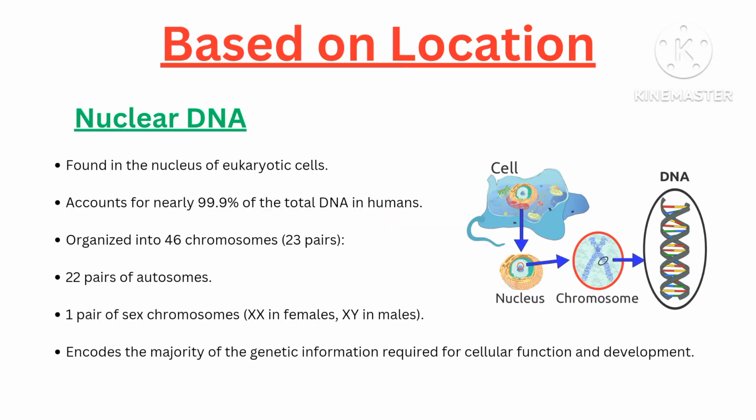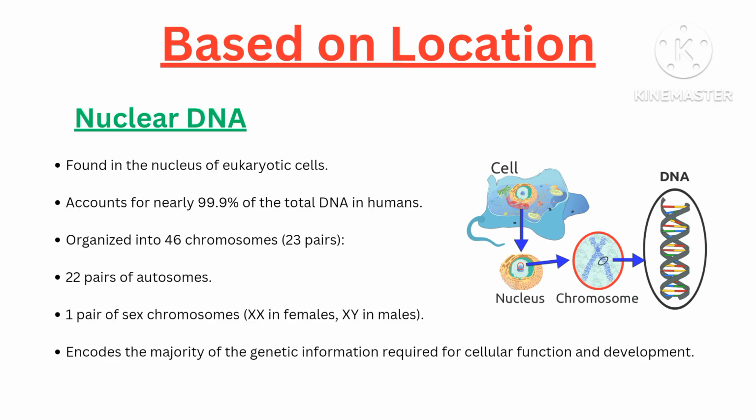1. Nuclear DNA, found in the nucleus of eukaryotic cells, accounts for nearly 99.9% of the total DNA in humans, organized into 46 chromosomes, 23 pairs: 22 pairs of autosomes and 1 pair of sex chromosomes, XX in females, XY in males.